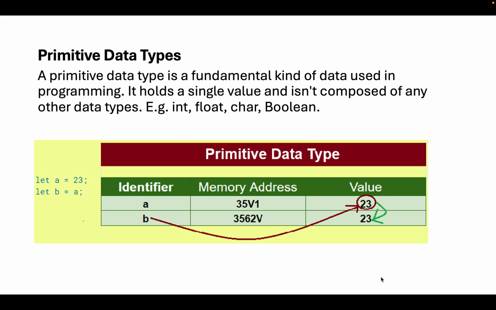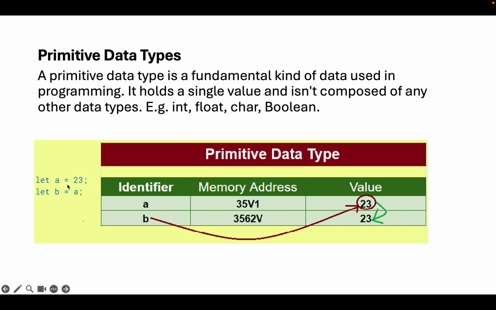When we look at this image here, it gives us a clear example of what a primitive data type means. You can see that we are storing the number 23 in memory location A in the computer, saying A should be equal to 23, and then we are saying that B should be equal to A. That means B is now equal to 23 because A is equal to 23.